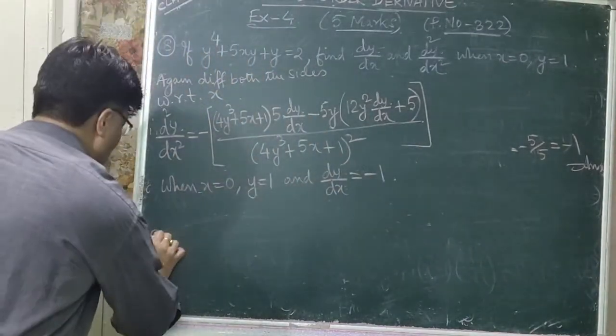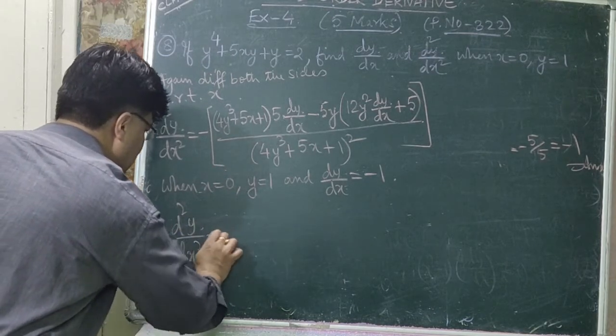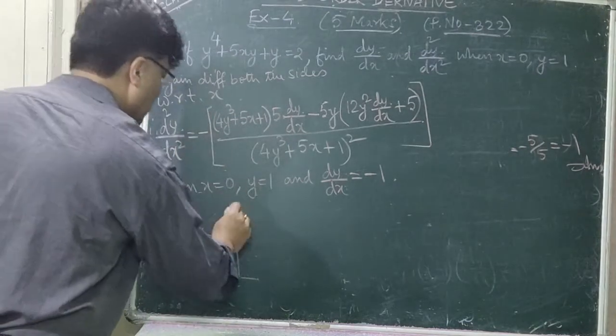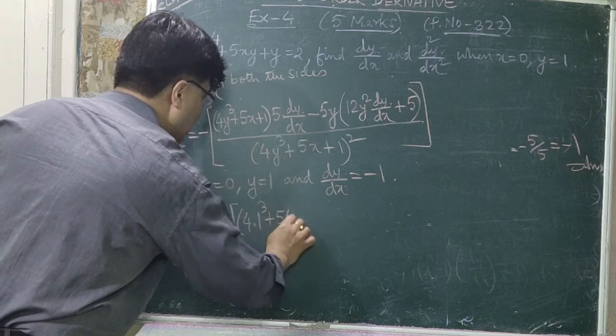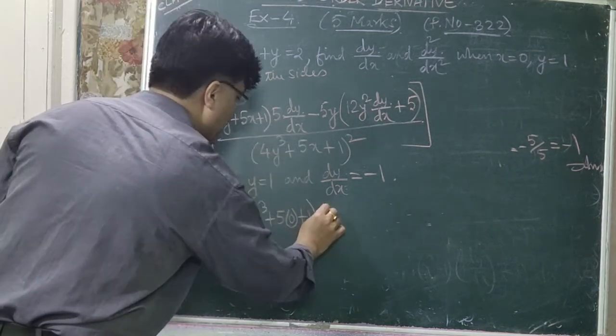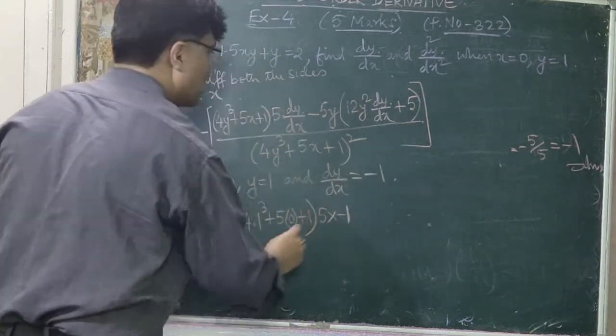So d2y by dx square is equal to minus, within the third bracket let us put the values here. Within the bracket 4 into 1 whole cube, 5 into 0 plus 1, right? 5 into dy by dx, dy by dx is minus 1.